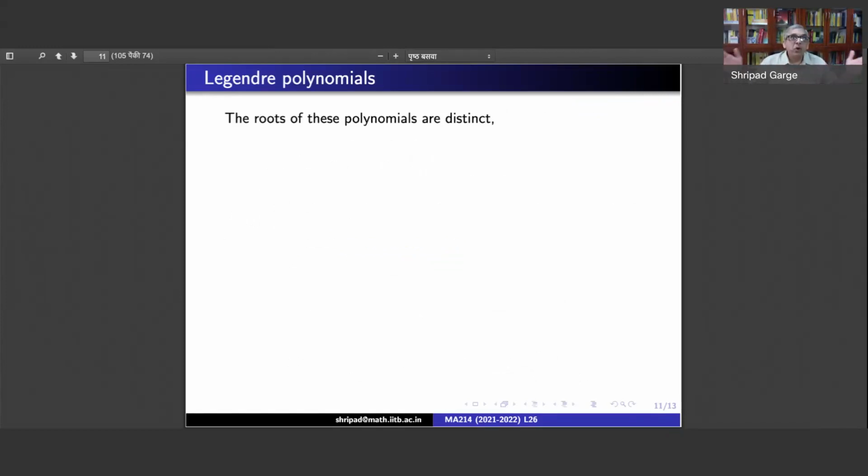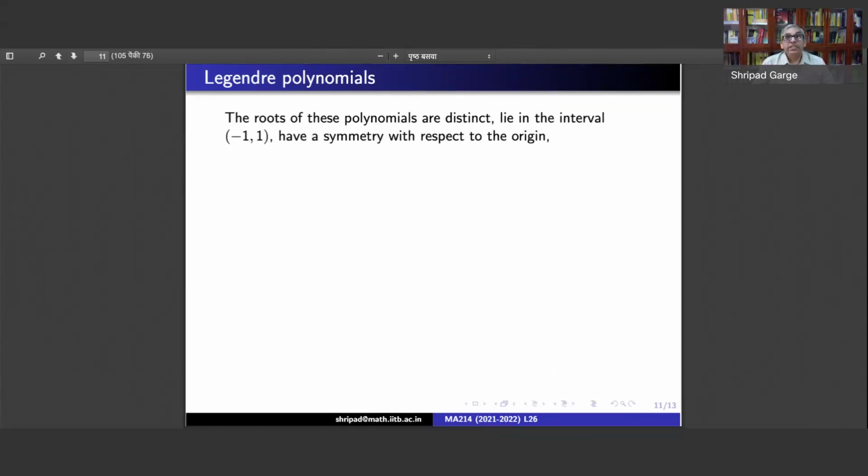So you have n nodes, but we will come to nodes later on. Let me not give you the secret right away. These roots lie in the interval minus 1 to 1. That's very good. We have our roots lying inside the interval that we are looking at, minus 1, comma 1. They have a symmetry with respect to the origin. So these are very nice to work with. They are symmetric.